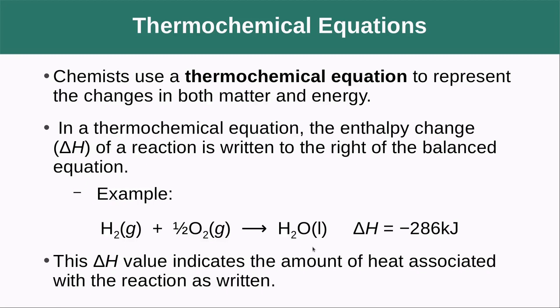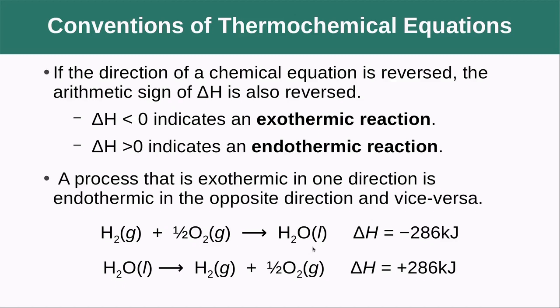You need to watch out for that later, and we'll show some examples. If the direction of a chemical equation is reversed, the arithmetic sign of delta H is also reversed. You can see that down here when we switch it so that the product starts and goes to the initial reactants; we're switching the sign of delta H.